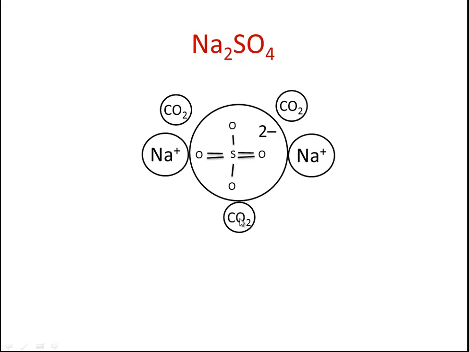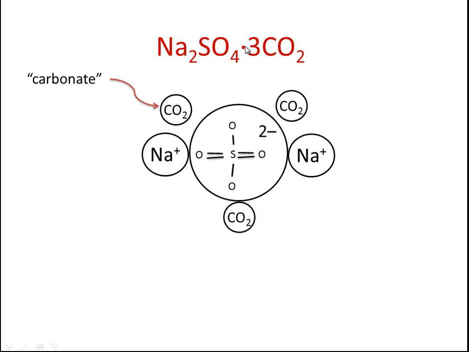Here's 1, here's 2, here's 3, and that's the name. We could represent that in a formula by putting a little dot between the sodium sulfate, and then a big 3 to indicate that there are 3 units of carbonate, and then here's the formula for carbonate.